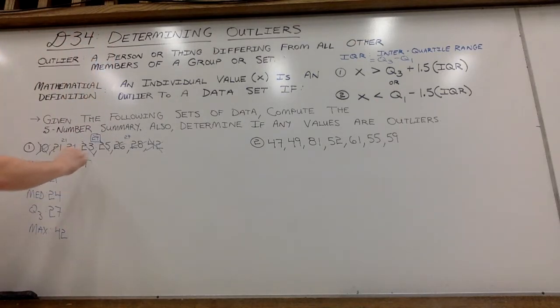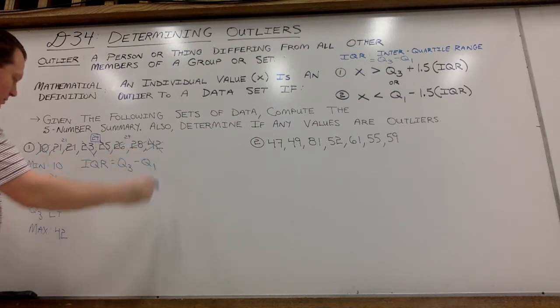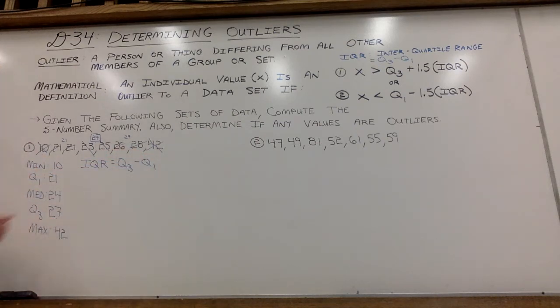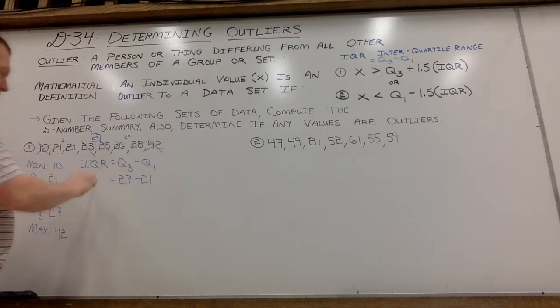So we need to find IQR, the interquartile range, which is Q3 minus Q1. So in this example, Q3 is 27, minus Q1 is 21. So I've got IQR is 6.